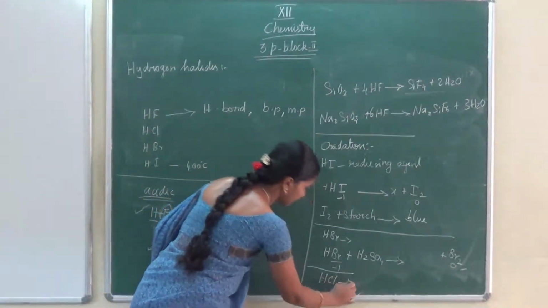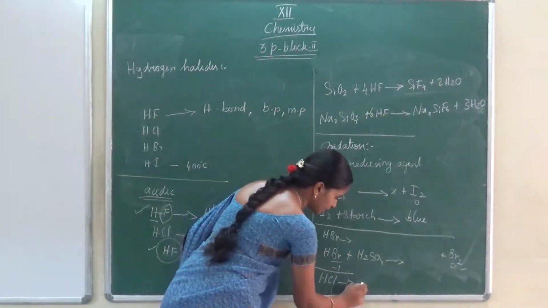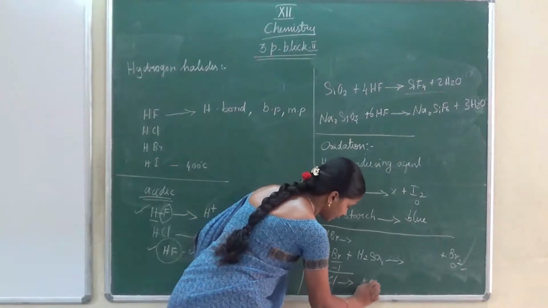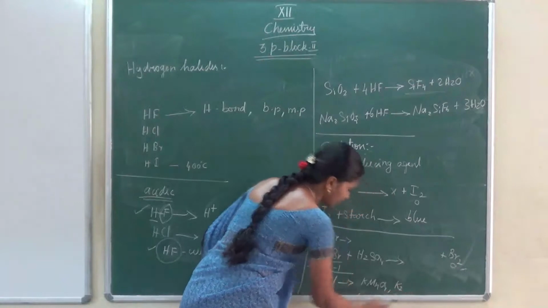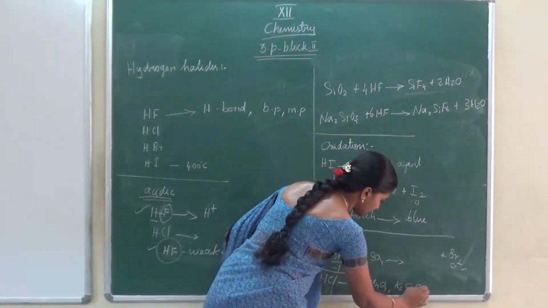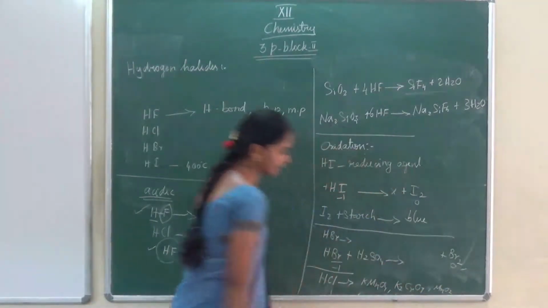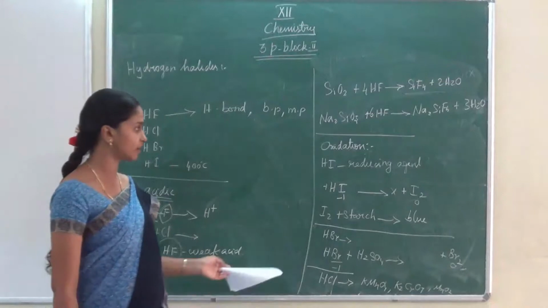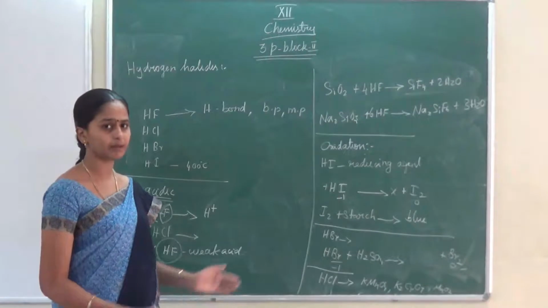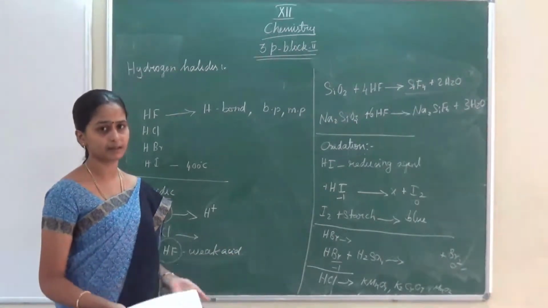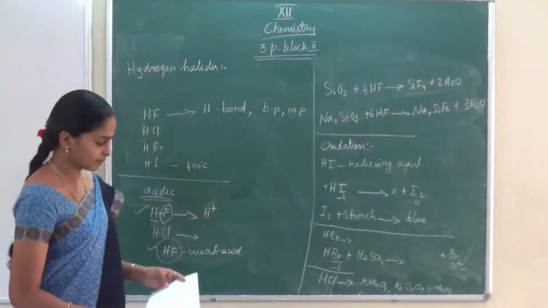For HCl we cannot use even sulfuric acid; we have to use strong oxidizing agents like KMnO4, potassium permanganate, potassium dichromate K2Cr2O7 and manganese dioxide MnO2 for the oxidation reaction. All these are good reducing agents, but the variation is there based on their physical properties and nature of bonding. Okay, just copy down.